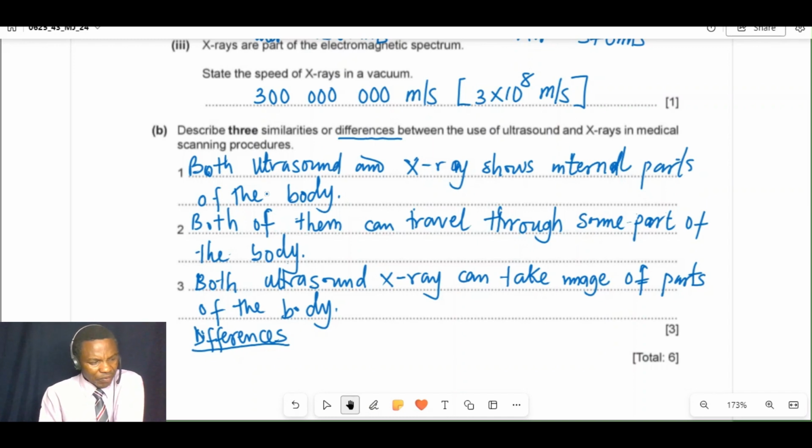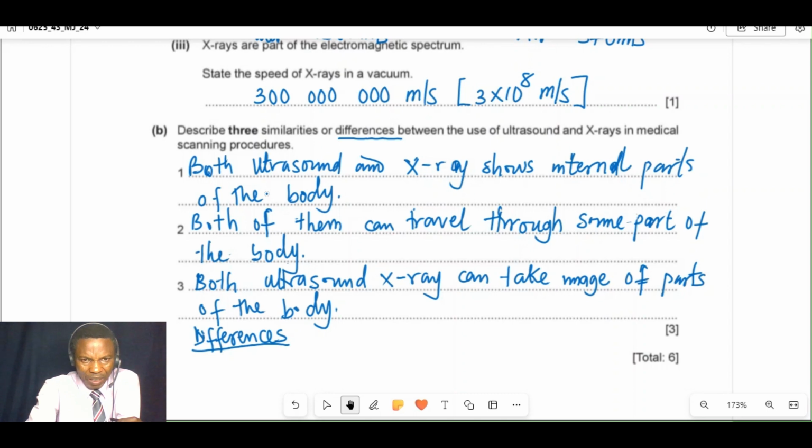Then X-ray detectors show images of rays that travel through the body, while ultrasound shows images that are reflected back from the body. The third difference is that excessive exposure to X-ray dosage is harmful to the body, but ultrasound is not as harmful.